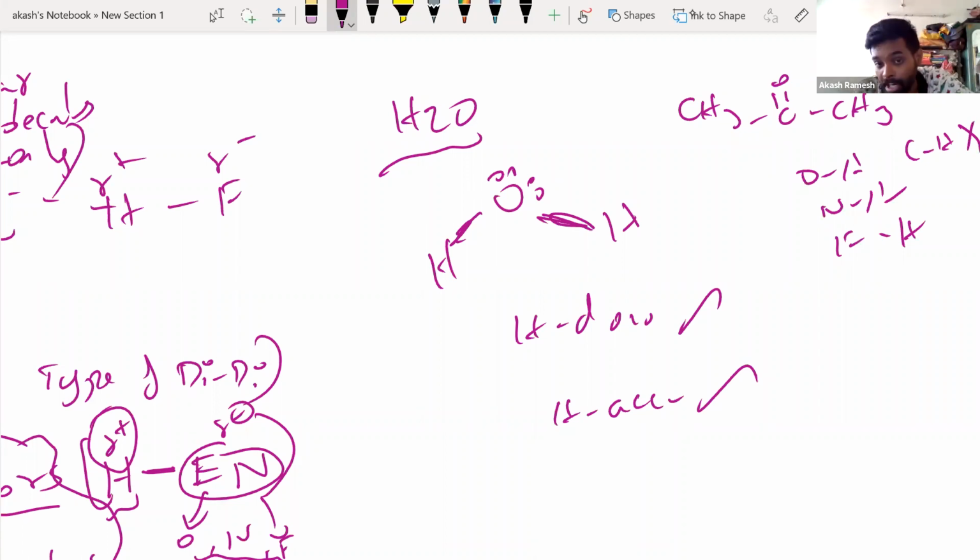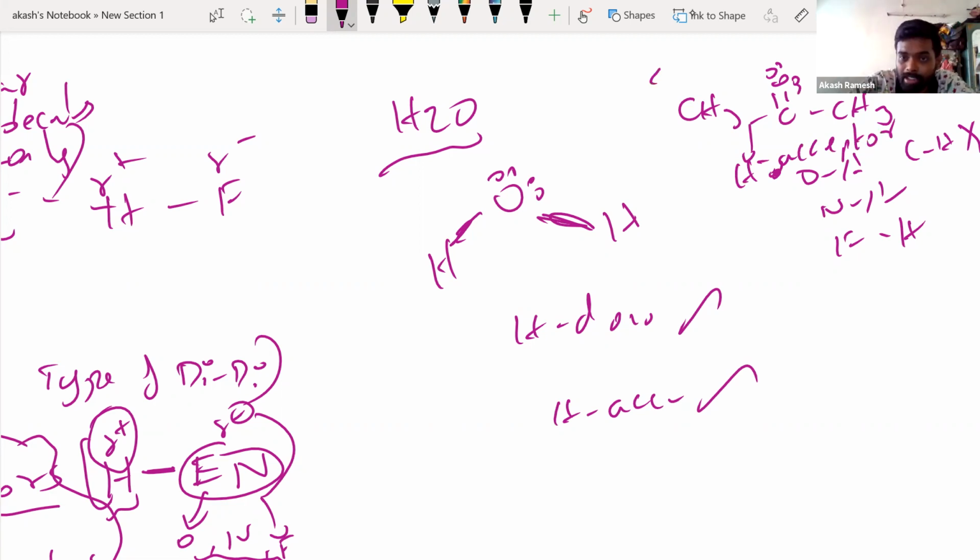But can it be a hydrogen acceptor? Yes, easy. I have two lone pairs on oxygen. So this can act as only a hydrogen acceptor.